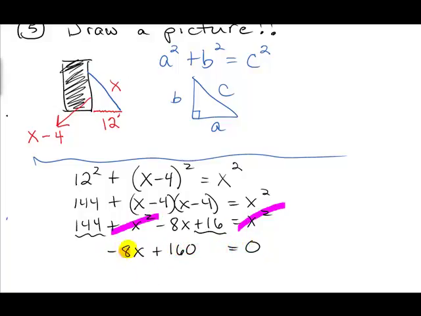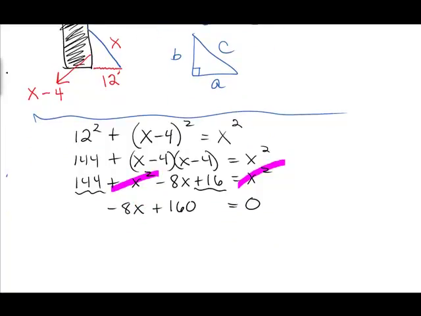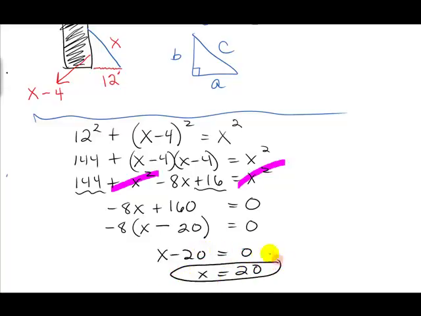Let's factor out that GCF of negative 8. But this won't be positive, will it? Two negatives make a positive, so this will be negative. Set this equal to 0. x equals a positive 20.